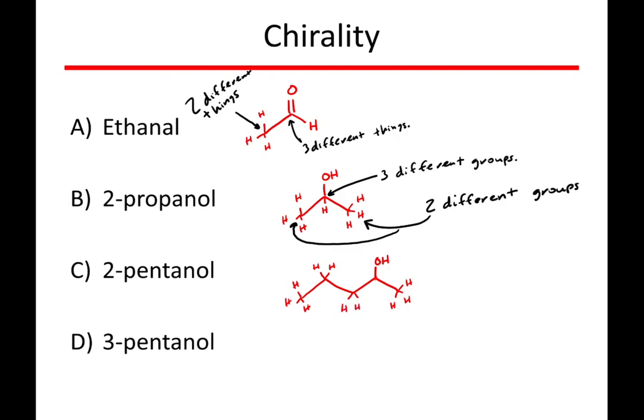But what about the carbon that has the OH functional group on it? That has one implied hydrogen on it, and so now we can go ahead and try to do a count to see how many different groups are attached to this carbon that has the OH group on it. Here's one type of group with the OH. We also have a second different thing when we look at the H that's attached. We also see a third thing when we have a methyl group over here on the right-hand side of the molecule.